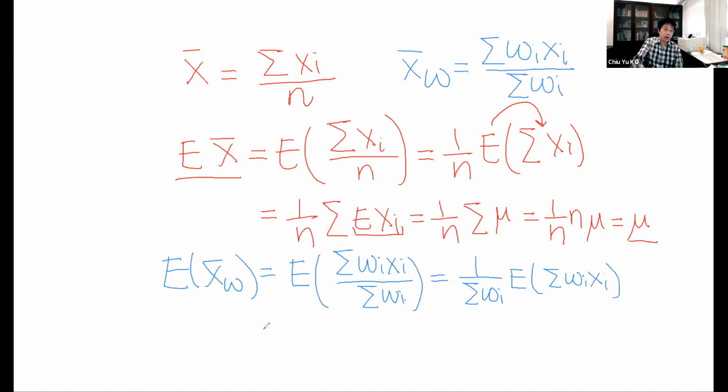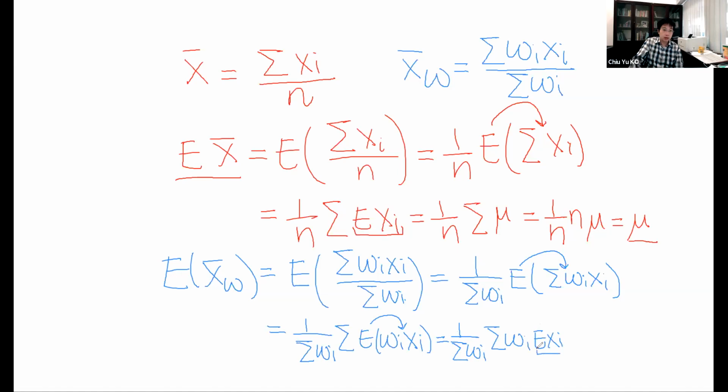Okay, and the next step is that the expected value can be put inside the summation. The summation of wi times the expected xi, okay, and the expectation can be put in one more step. Okay, and this is mu, and all the mu can be taken out and they cancel out, right?